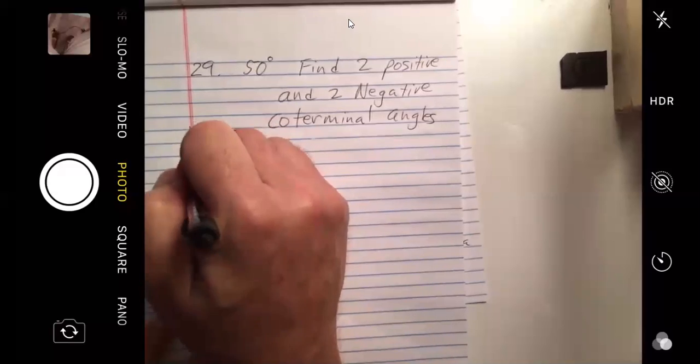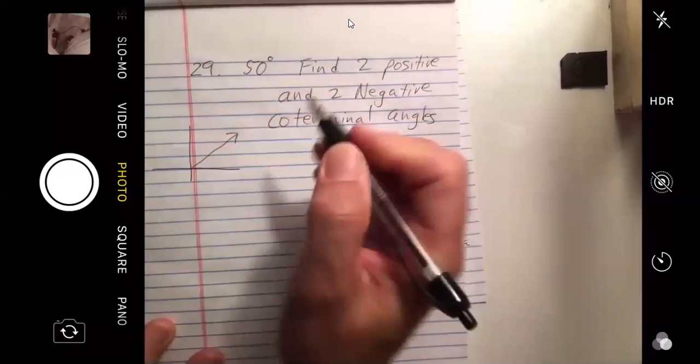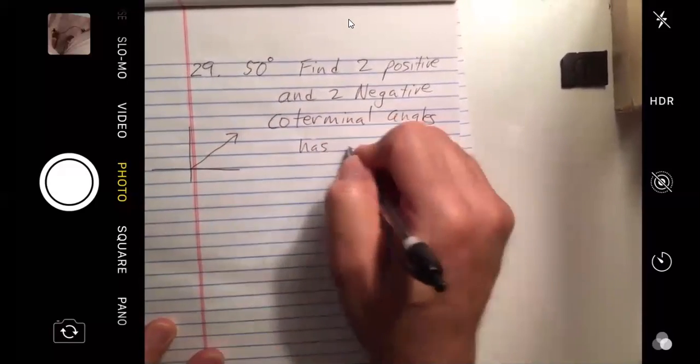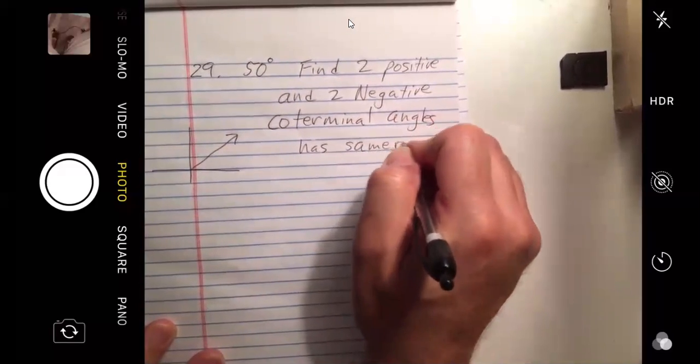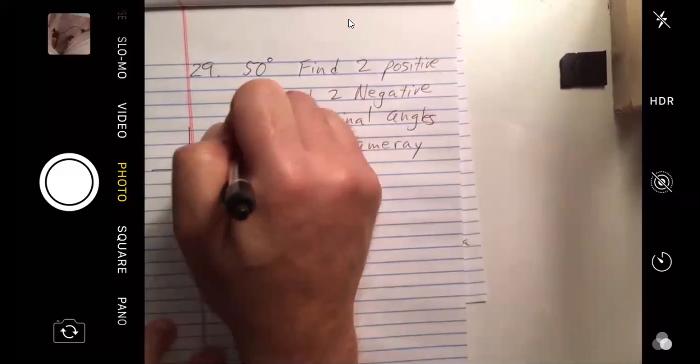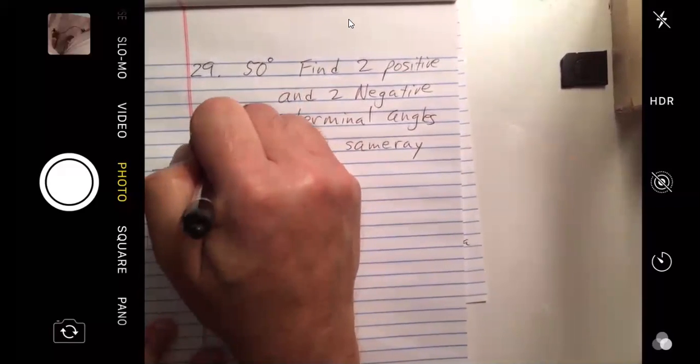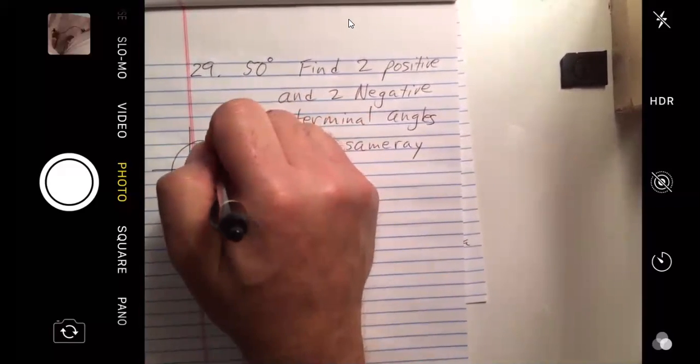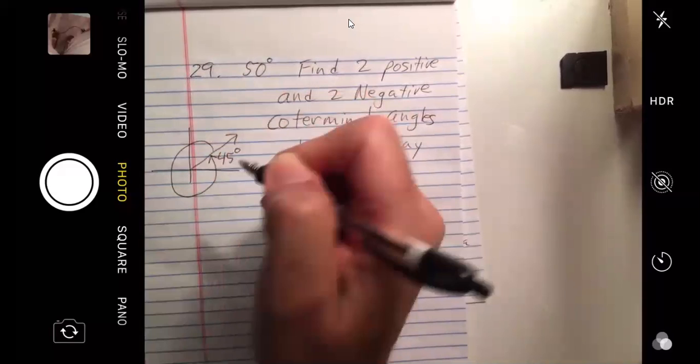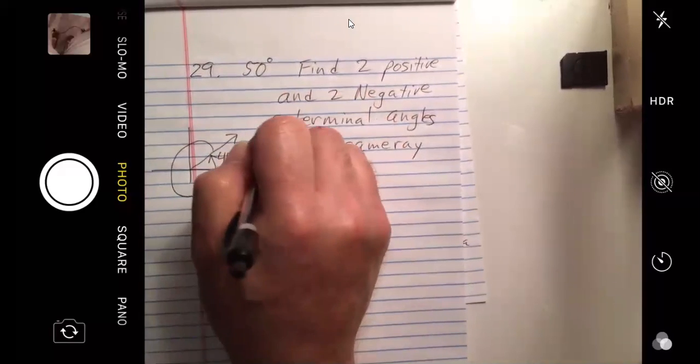Coterminal angle comes to the same ray. So if I draw a ray here and go around to the same ray, let's say it was at 45 degrees to start.